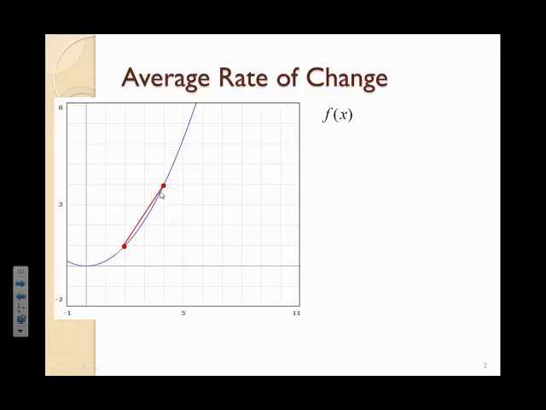Now, finding the slope of this line would give us the average rate between these 2 points. So we could use our slope formula and plug in, this would be our x sub 1 and our y sub 1, and our x sub 2 and y sub 2, put it into the formula, and we have it solved. So that makes it easy.